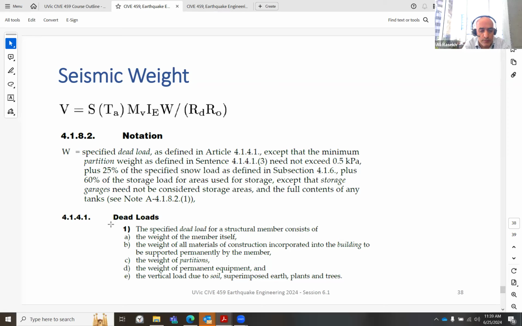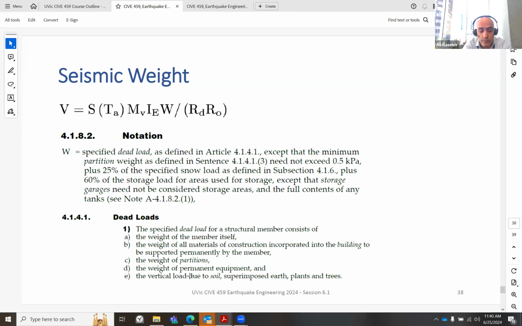And description of the dead load, a specified dead load for structural members, weight of self-weight of the members, construction incorporated into the building, which are permanent, partitions. However, I think we had a limit for partition up to 0.5, permanent equipment, and vertical load if the soil is sitting on your structure.